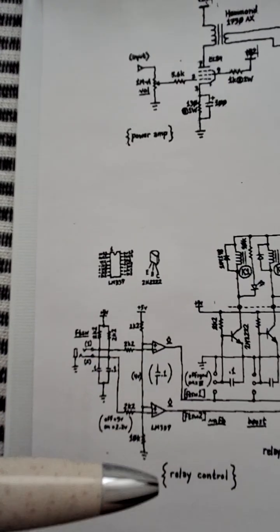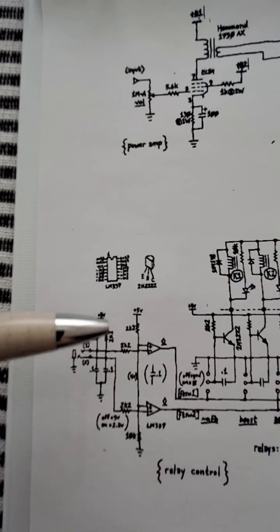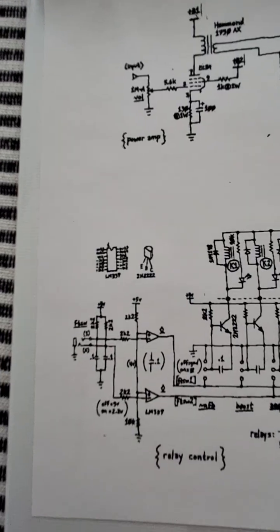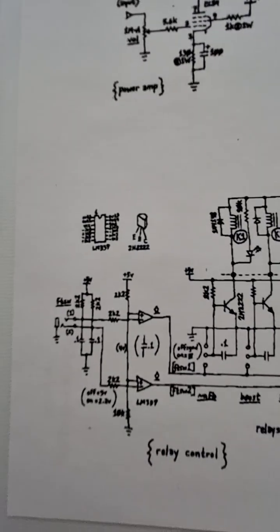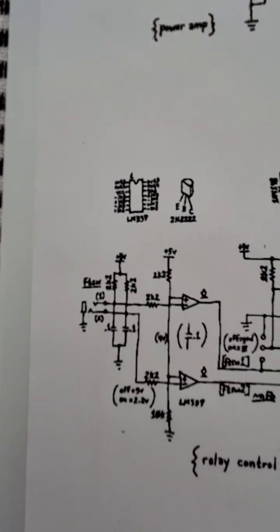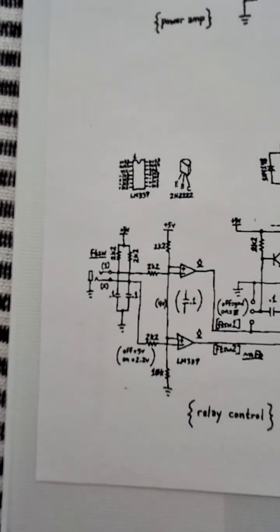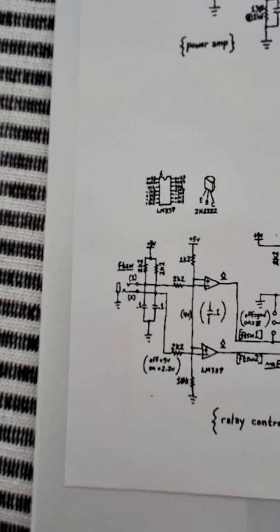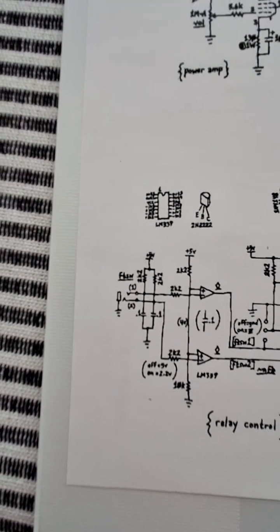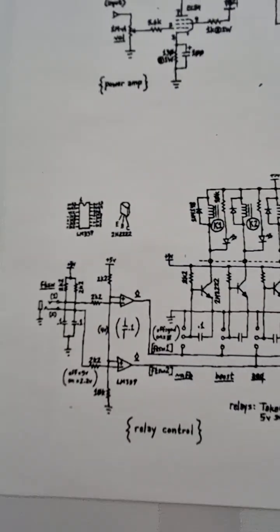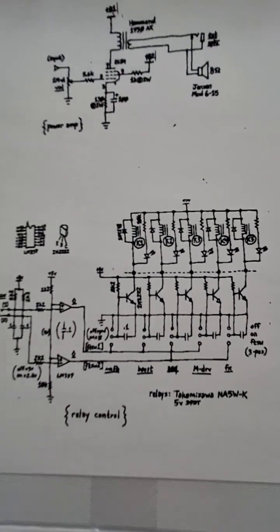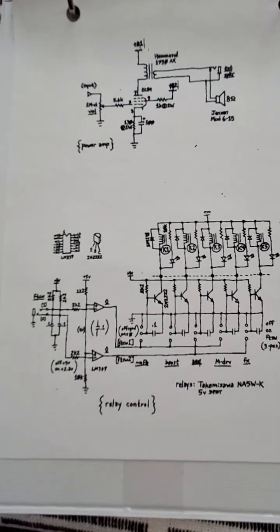And when the switch is off, the resistors pull it up to the 5 volts and the comparator deactivates. So it makes for a very reliable and versatile and simple switch input to control the relays. And that is pretty much how I do it.